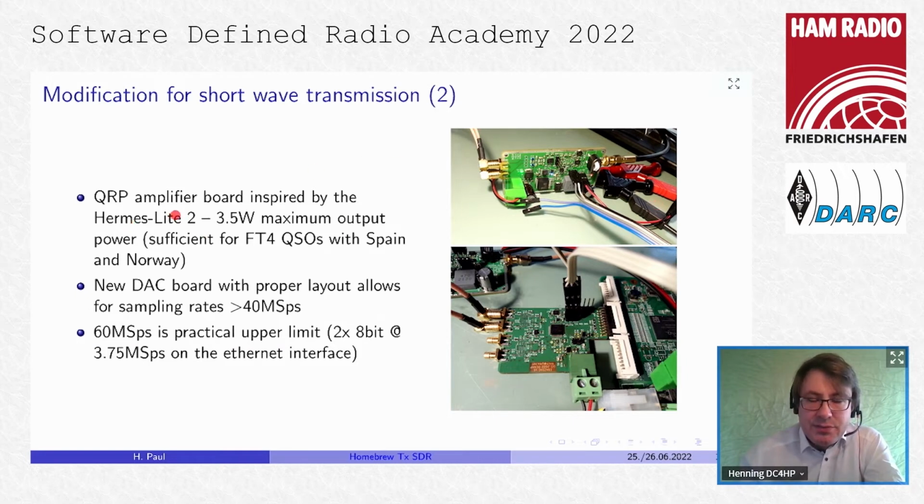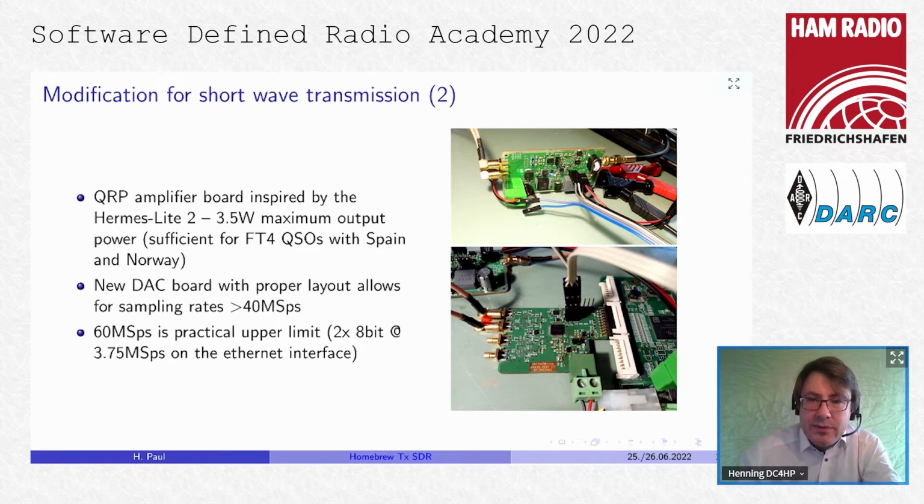Hermes-Lite 2 uses KiCad, so I can directly copy the part of the schematic that corresponds to the amplifier, and then I made a new PCB out of this schematic. These differential inputs are directly connected to the differential outputs of this DA converter board.